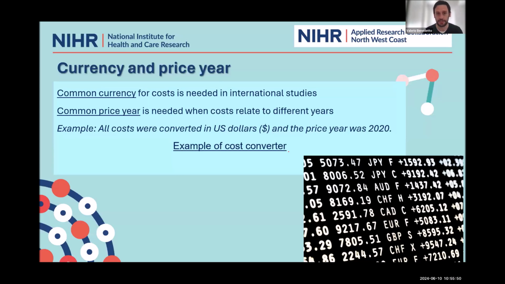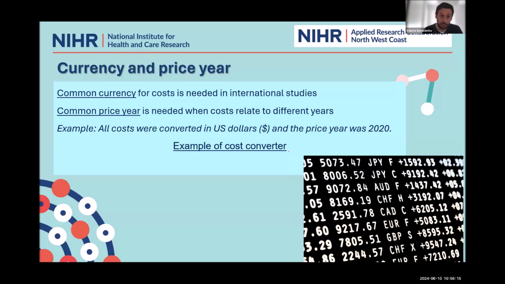That could be explicit, for example, in the results tables. You could see there is a common currency which is used in the tables. Sometimes there is a specific sentence within the paper where the authors indicate we use, for example, US dollars for our common currency.